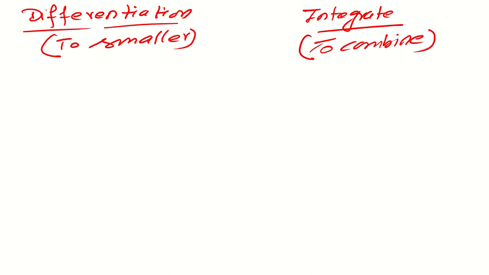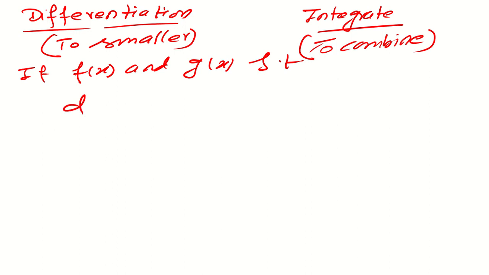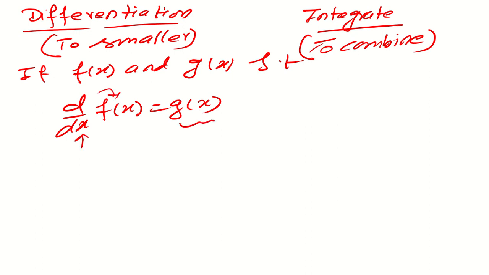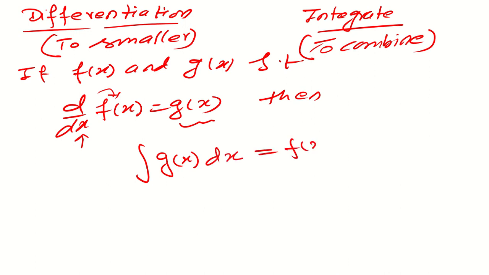So let's start the topic. If f(x) and g(x) are two functions such that the derivative of f(x) is equal to g(x), that is, differentiation of f(x) with respect to x is equal to g(x), then integration of g(x) with respect to x will be equal to f(x).